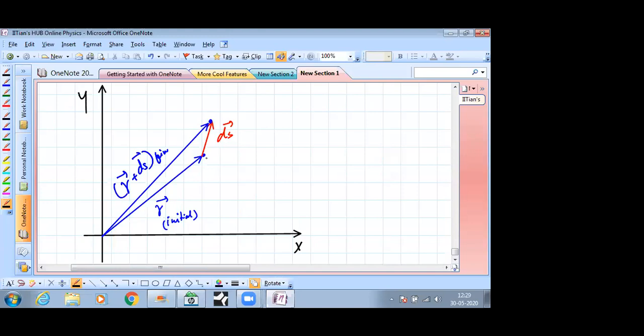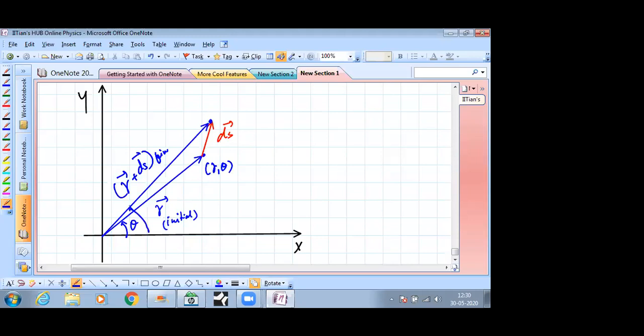So in polar system, the coordinates of this point will be given by this angle theta, and the coordinates of this initial point are r comma theta. Whereas by the time it's come here, you can see that theta has changed by a small amount d theta.